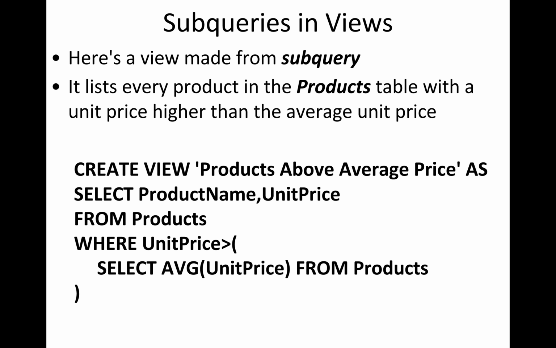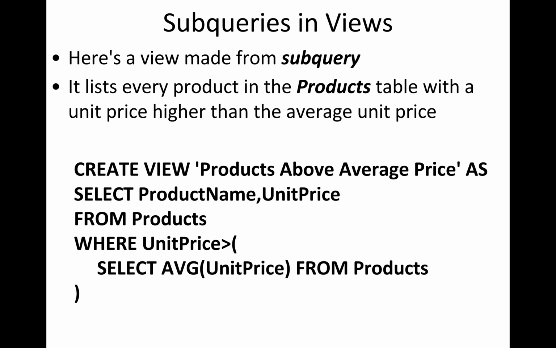Here we're showing that the select statement you use to create your view can be as sophisticated and as general as you want. It could be any select statement. So here's products above average price, where we're using two select statements, one inside the other. The inner one is grouping the entire table and calculating an aggregate function, the average unit price.